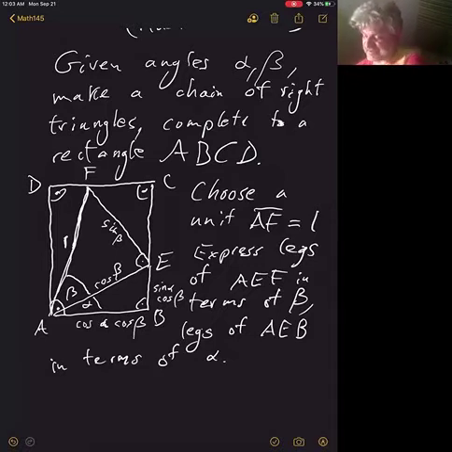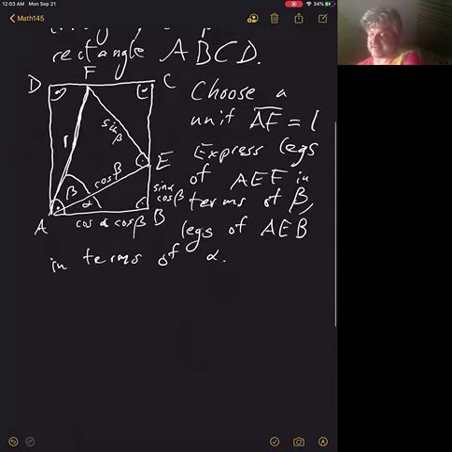All right. Next, we want to chase down the angles at E and at F. So at E, we are having an angle which is 90 degrees minus alpha.